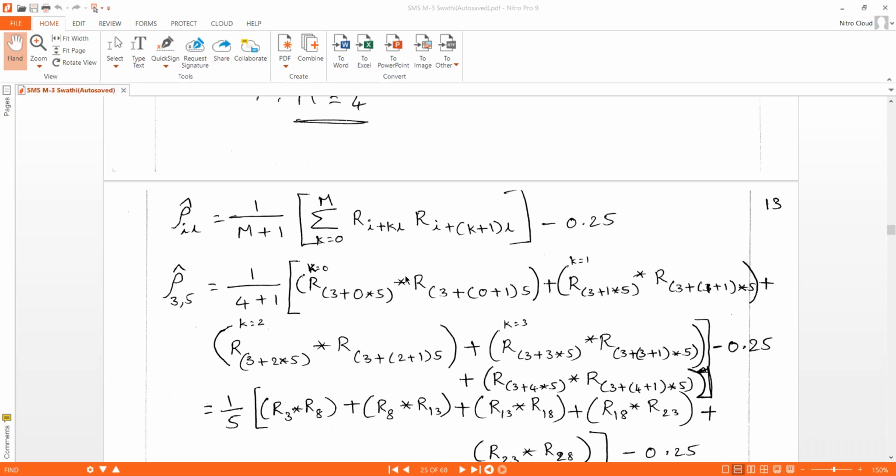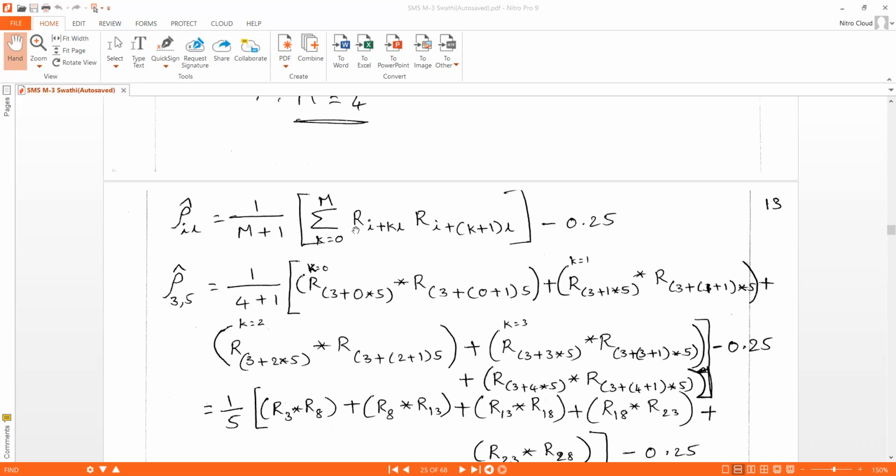That into R, I value is 3, plus k value 0, plus 1 into L. L value is also given in the problem, that is 5. After taking k equal to 0 and expanding this term, we will get R3 plus 0 into 5 into R3 plus 0 plus 1 into 5.